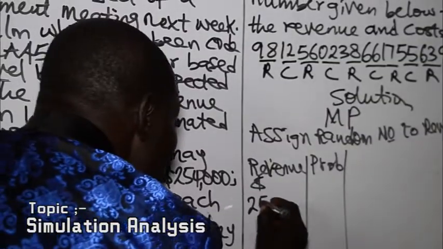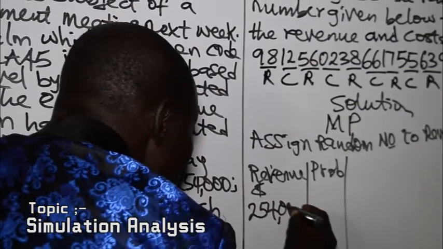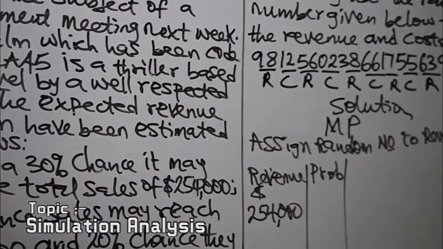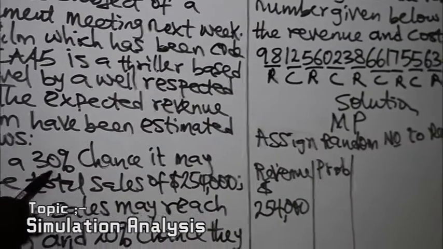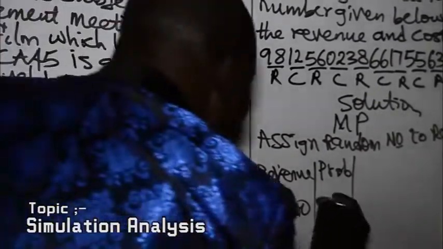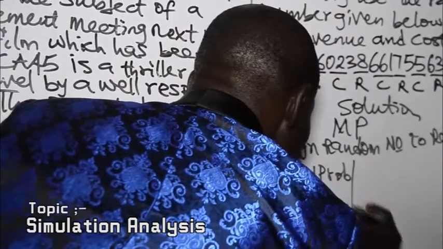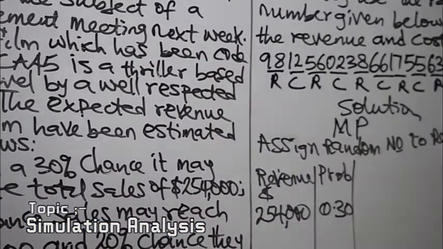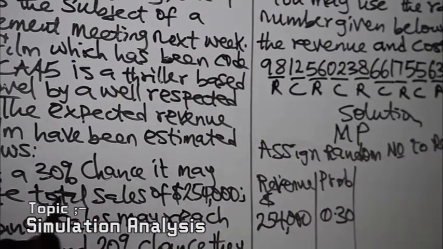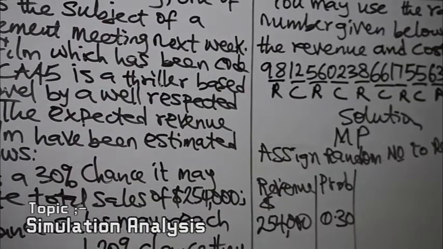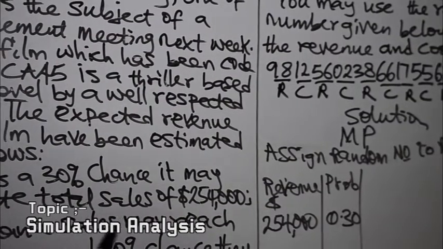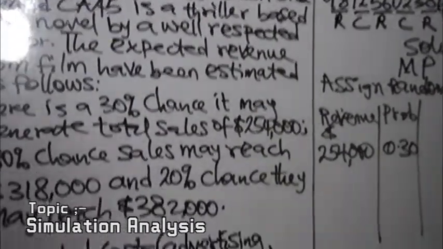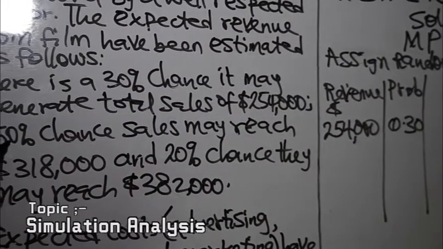So our first revenue is $254,000 with a probability of 0.30. Then 50% chance sales may reach $318,000, a probability of 0.50.